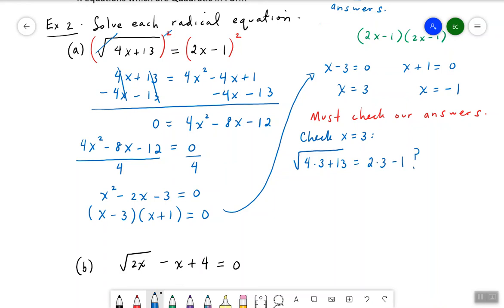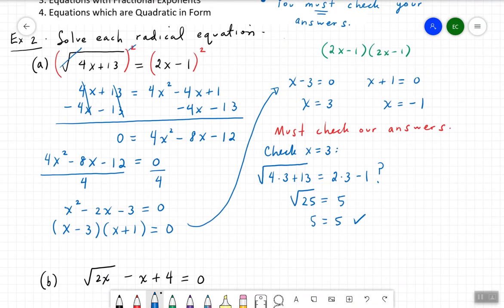And it's a question. Is it a true statement? So let's simplify. Underneath the radical, you have 12 plus 13 is 25. You have root 25. On the right, you have 6 minus 1 is 5. That is true. Square root of 25 is 5. So x equals 3 is good.